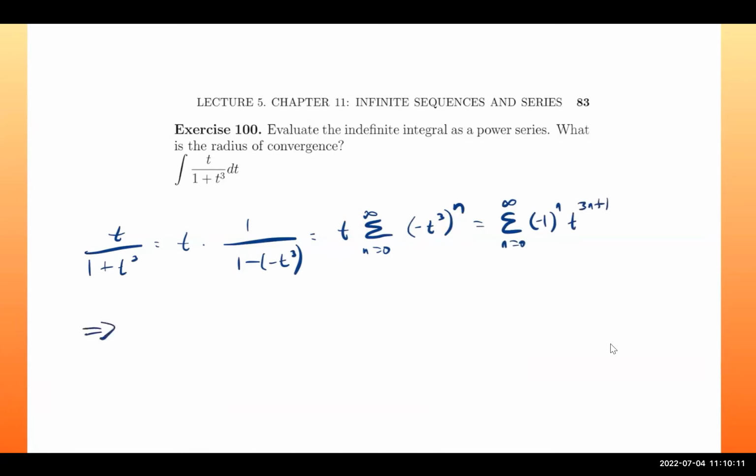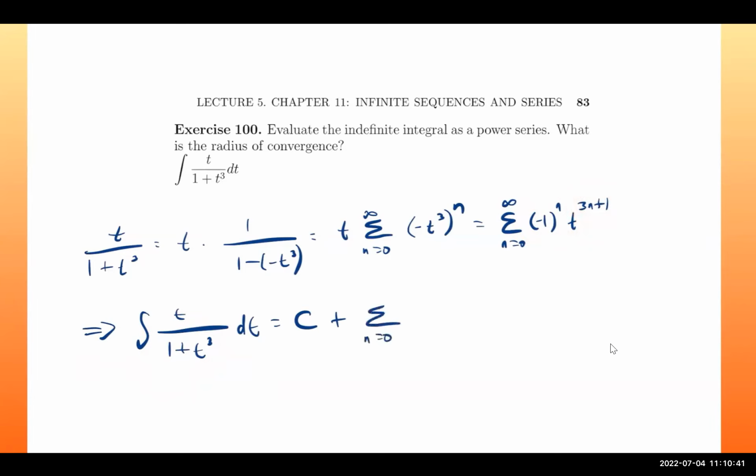All right, so that means that our integral that we are given can be written as c plus, that's a constant of integration. Instead of integrating this, we're going to integrate this series. So the series, if you integrate it, all you got to do is add 1 to the exponent and then divide by that new exponent. That's how we do that.